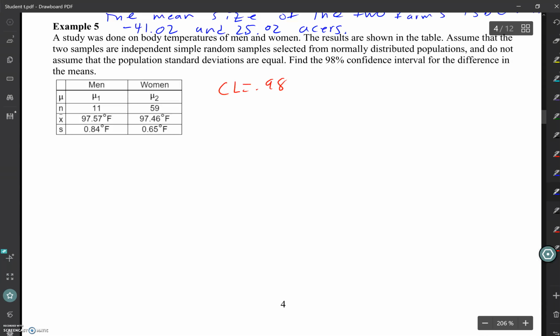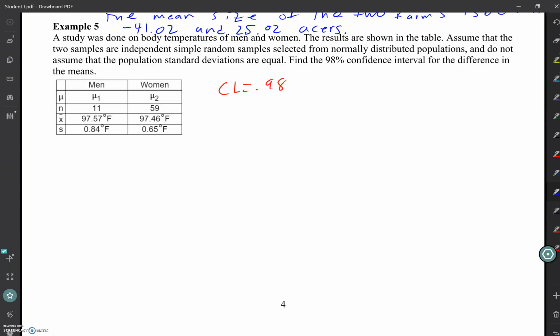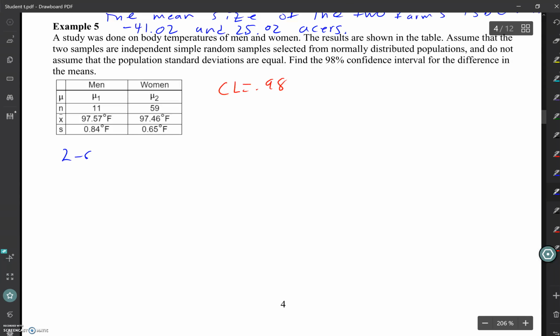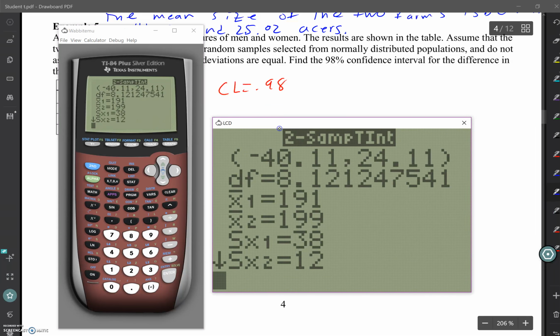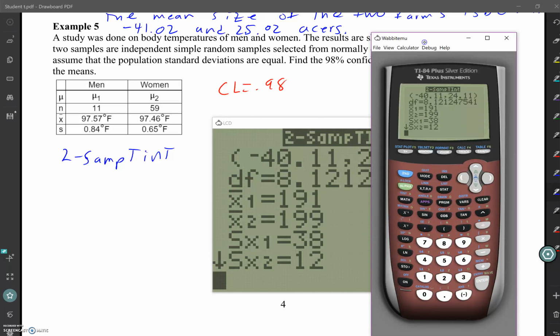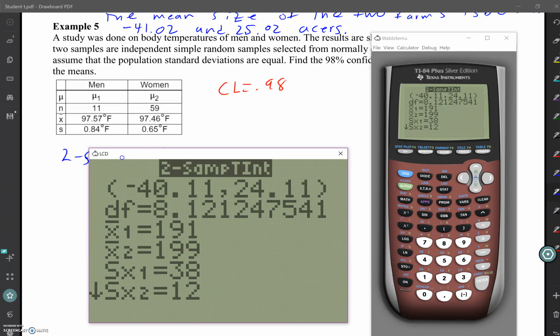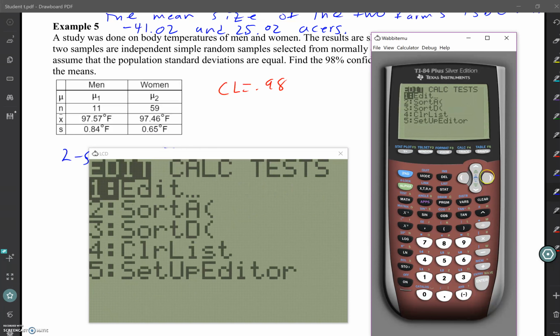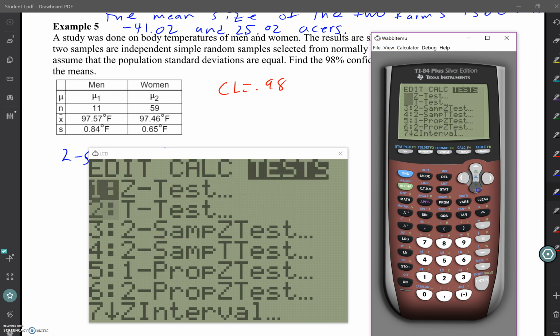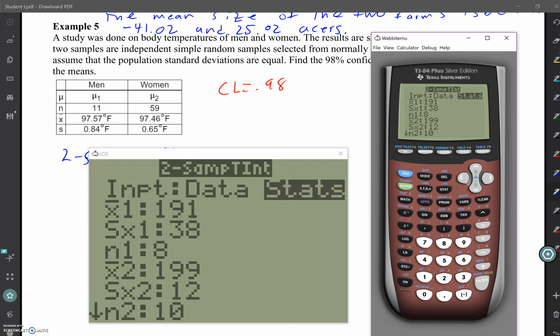And then, since it's already summarized, I could go ahead and use my 2 sample t-int, and it's going to take everything that I've got. So let's see what we can put in here. We're going to go to our stats and testing area. Find our 2 sample t. The mean of the first one is 97.57.